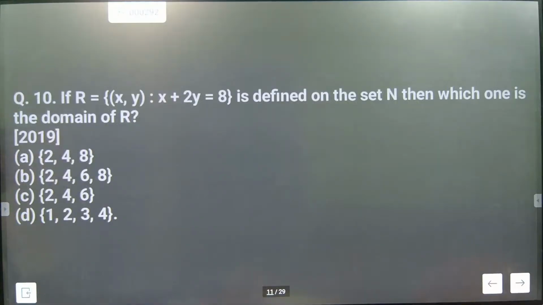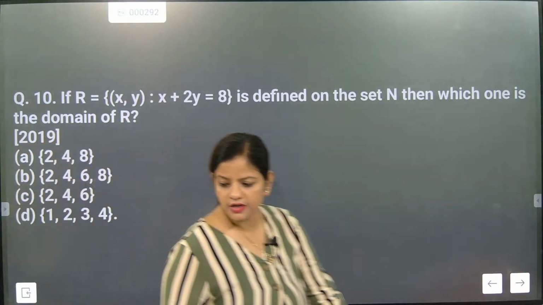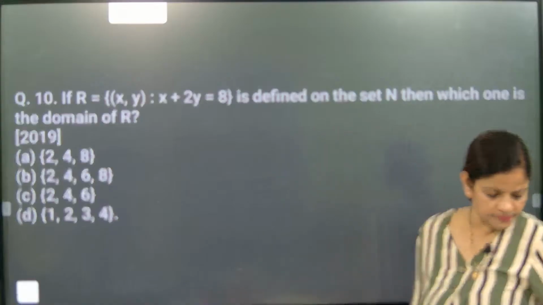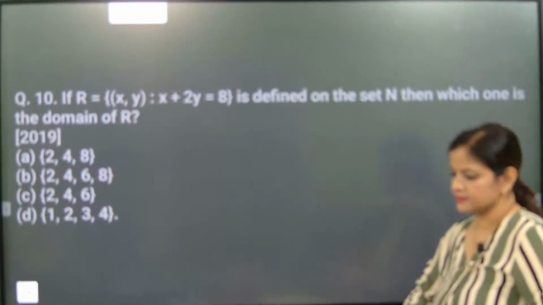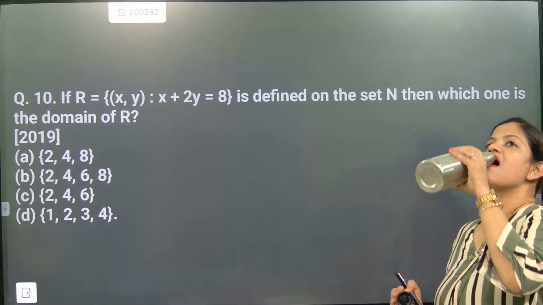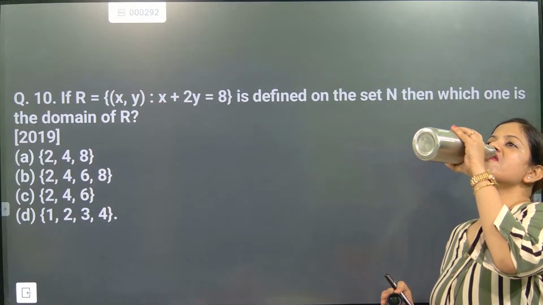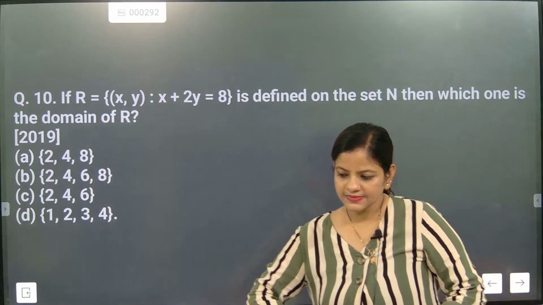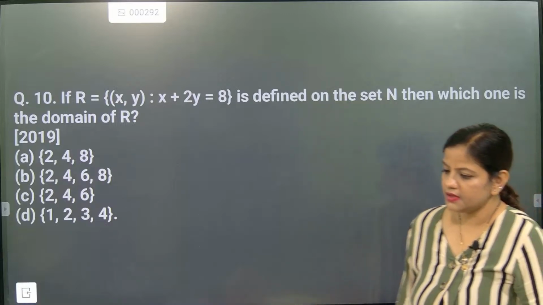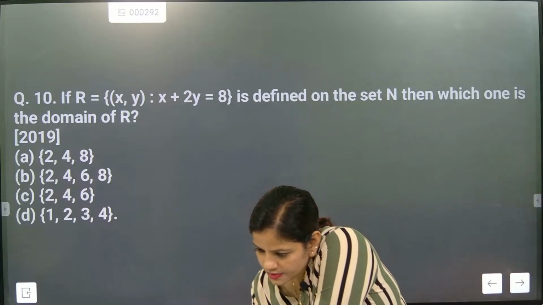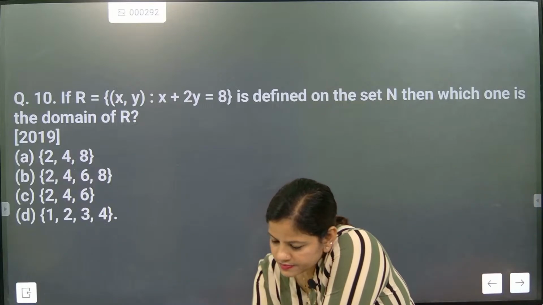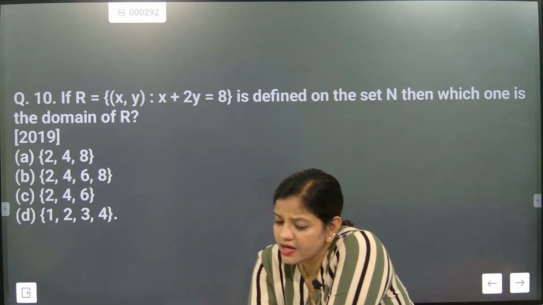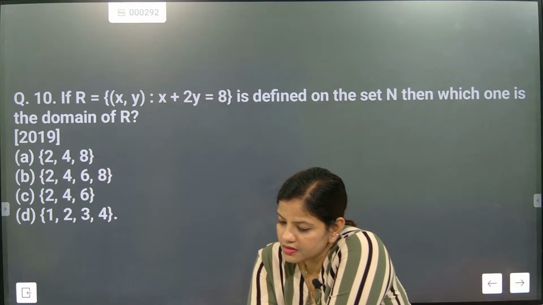Now go for this question, beta. Come on, go for it. x plus 2y is equal to 8, it is defined on the set of natural numbers.